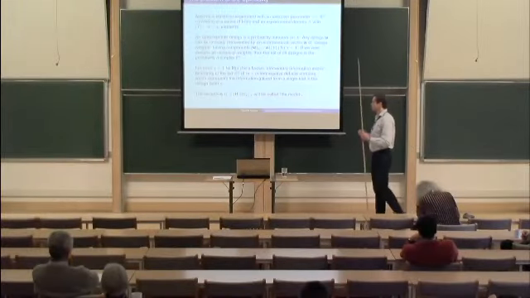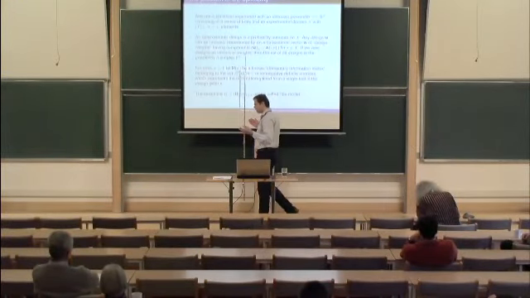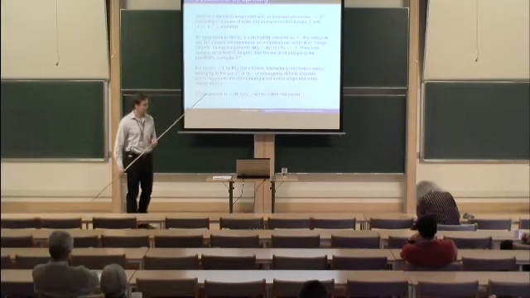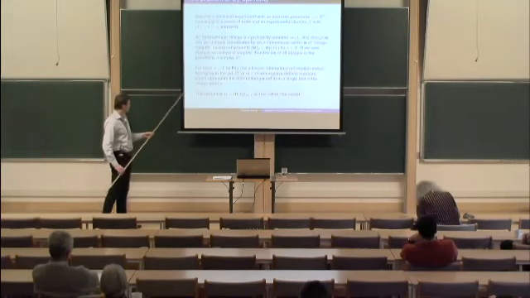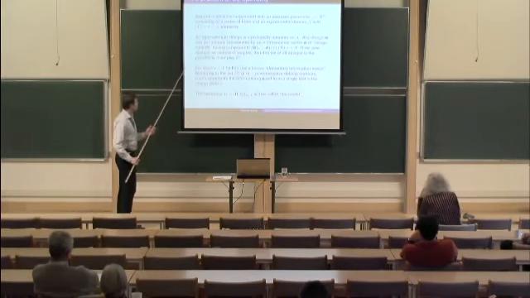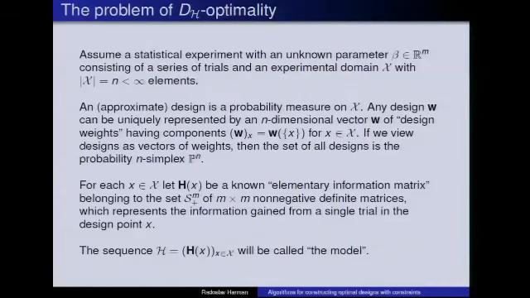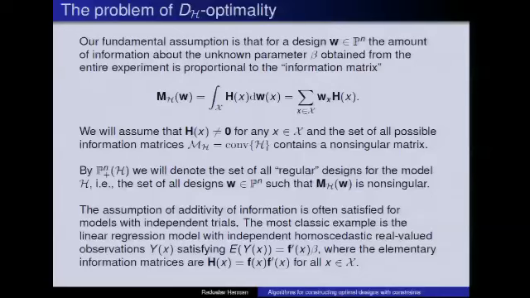Okay, so there can be many statistical models, but what we need to know for the design problem is just the sequence of these elementary information matrices that represent the amount of information from each possible trial. And our fundamental basic assumption will be that for a design W, the amount of information about the unknown parameter beta obtained from the entire experiment, from all the trials, is proportional to the information matrix of this form.